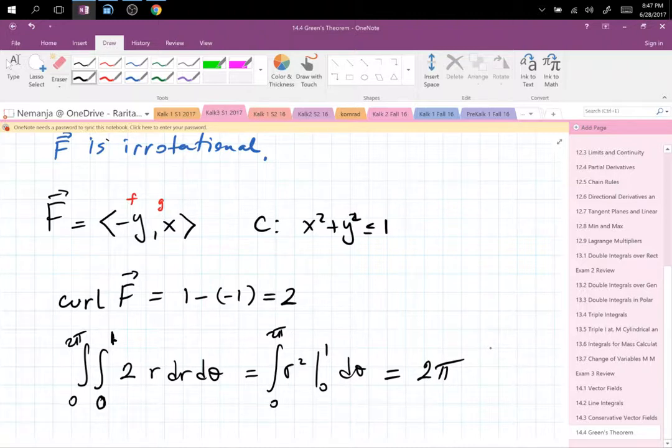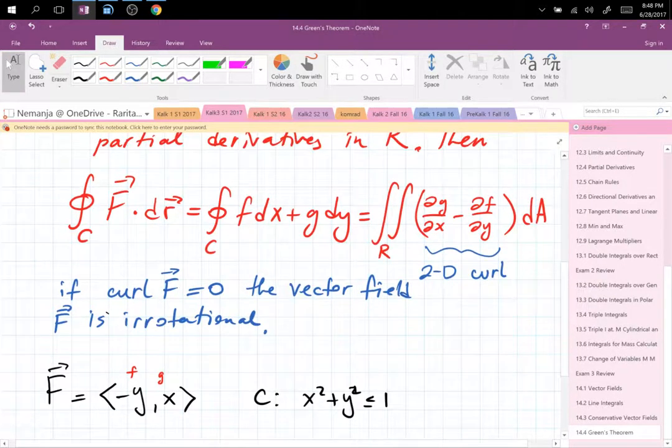This is the shortcut method that will deal with problems that have closed curve C, which is why you have this circle around the integral. This circle around the integral signifies that C is a closed curve, and it has all of those conditions that you have to check before you unleash this theorem.